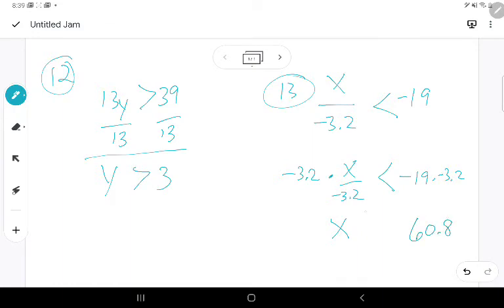Now remember, look what I did. Remember that you have to flip or reverse that inequality sign if you multiply or divide by a negative number. And we multiplied by a negative 3.2. So you have to flip that inequality. The only time you flip or reverse the inequality is when you multiply or divide by a negative number.